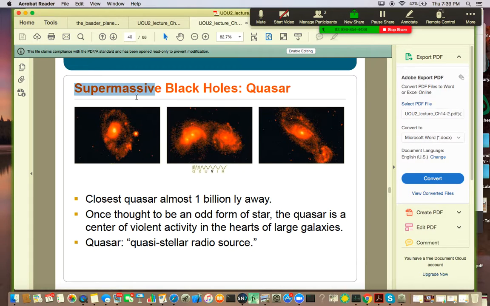We don't see black holes because the light of a black hole never escapes, or information does not escape a black hole. But we can see the effect of material falling onto the hole, and as it falls, it emits radiation, and we can predict not only its size, its volume, but also its mass.